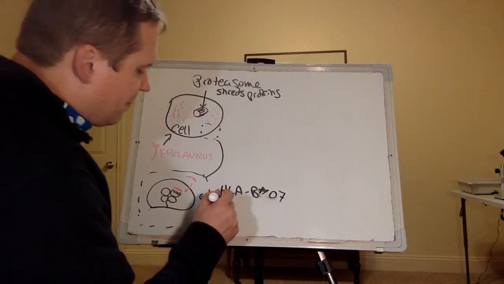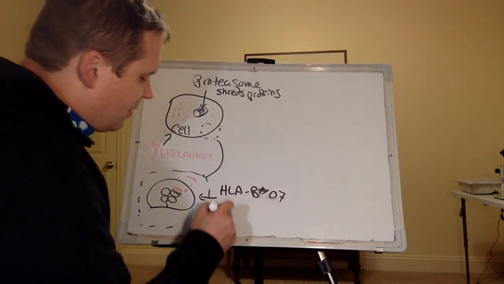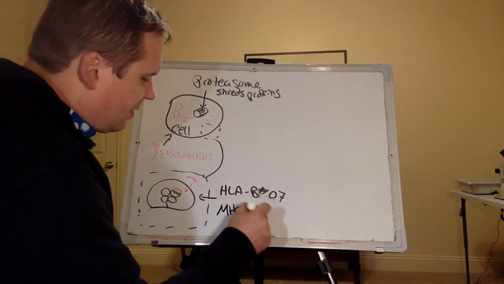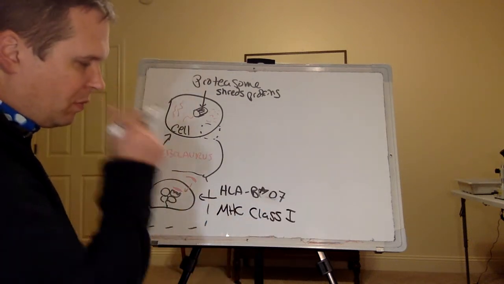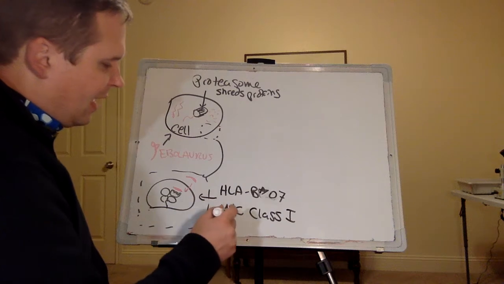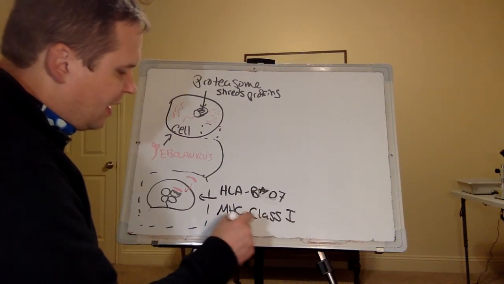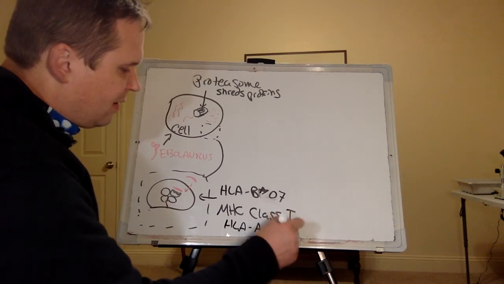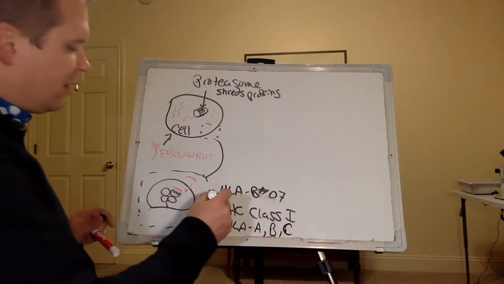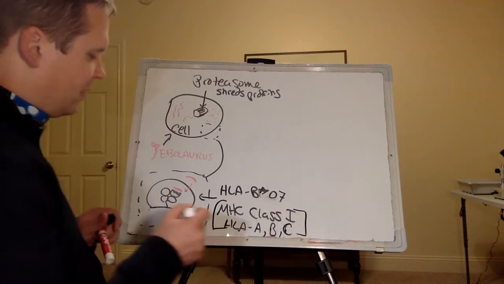And so that is a member of this group of proteins that are called MHC class 1 protein, Roman numeral 1, which looks like an I. And so HLA type A and type B and type C together are going to be MHC class 1. So just so you know who we're dealing with.